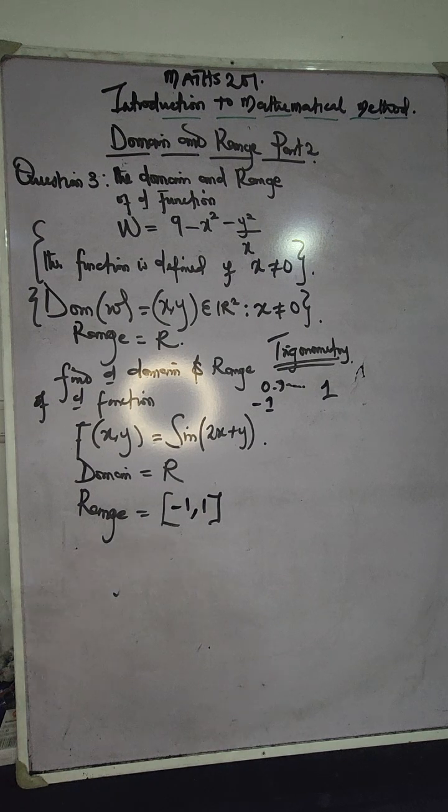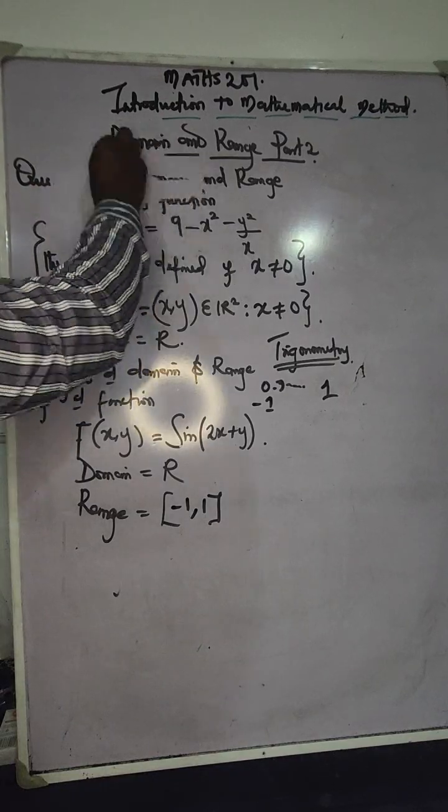So all these things are the measure we use to define the domain and range. Let's look at one more example.